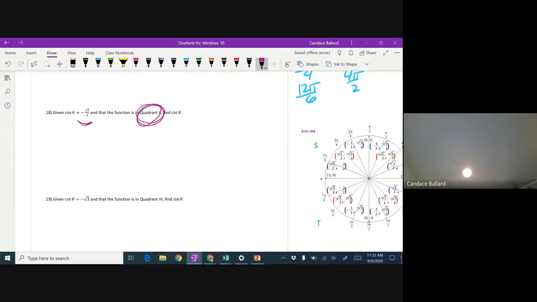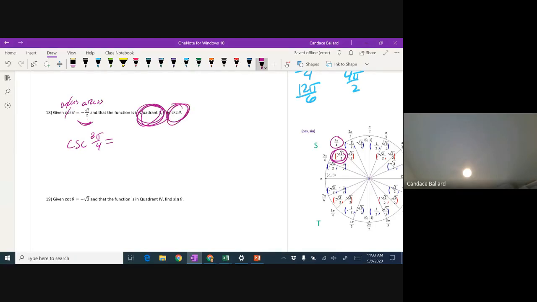Okay. So I know that I could arc cosine both sides if I wanted to. So I know I'm looking for the x value in quadrant 2 that is negative square root of 2 over 2. So it almost narrows it down even better for us. So I know I am really looking at that theta, right? So I'm looking for the cosecant of 3 pi over 4, because that's what they asked us to find in the end.